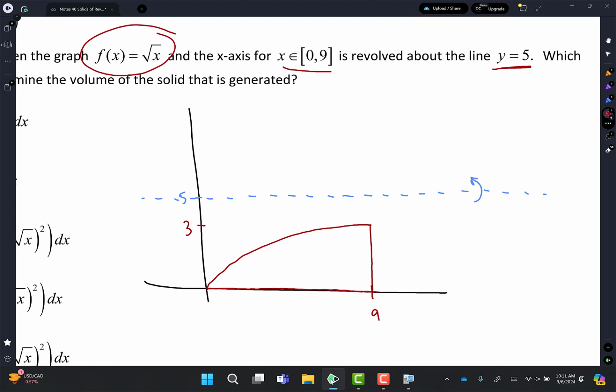So let me see if I can measure this correctly here. Point. That's probably one of my better drawings. Maybe. No, not one of my better drawings.